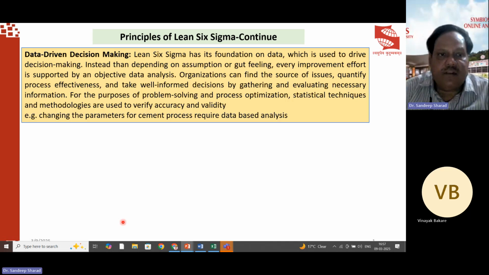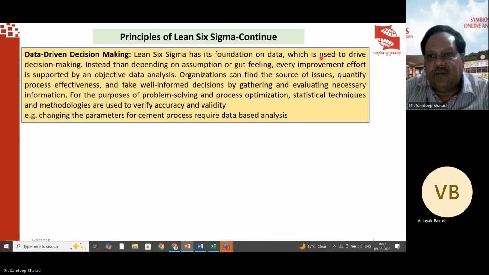Data-driven decision making: Lean Six Sigma has its foundation on data, which is used to drive decision making instead of depending on assumptions or gut feeling. Every improvement effort is supported by objective data analysis.